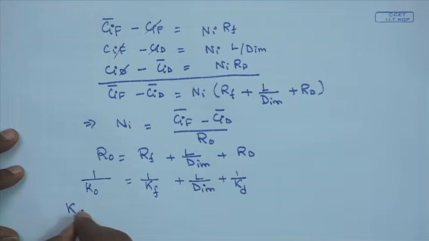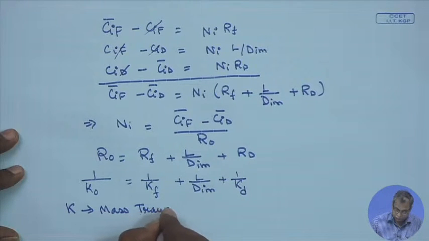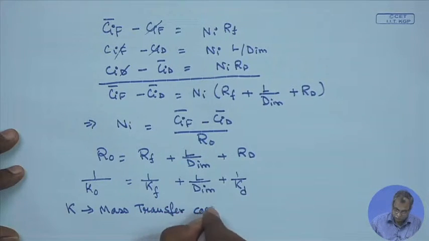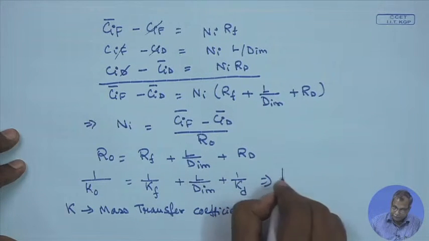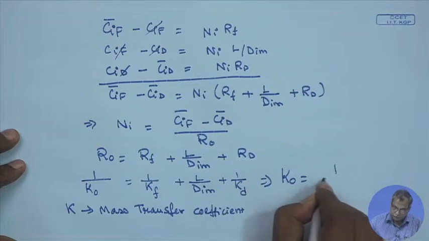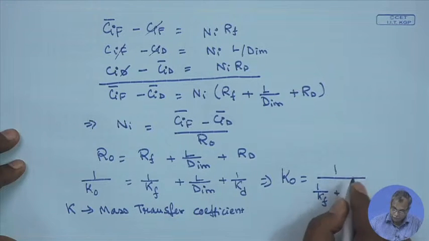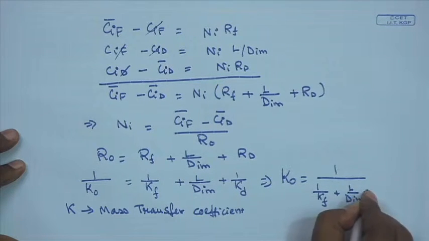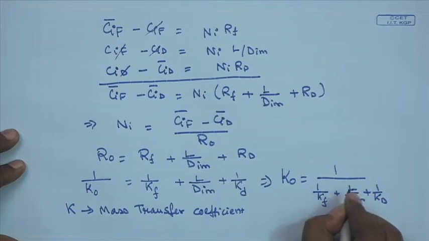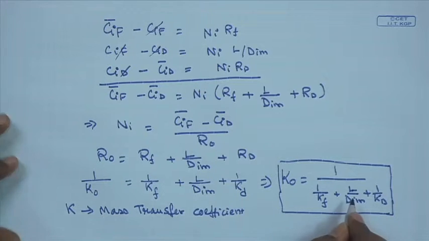These K's are basically the mass transfer coefficients. So, one can get an expression of overall mass transfer coefficient as 1 over Kf plus L over Dim plus 1 over Kd.